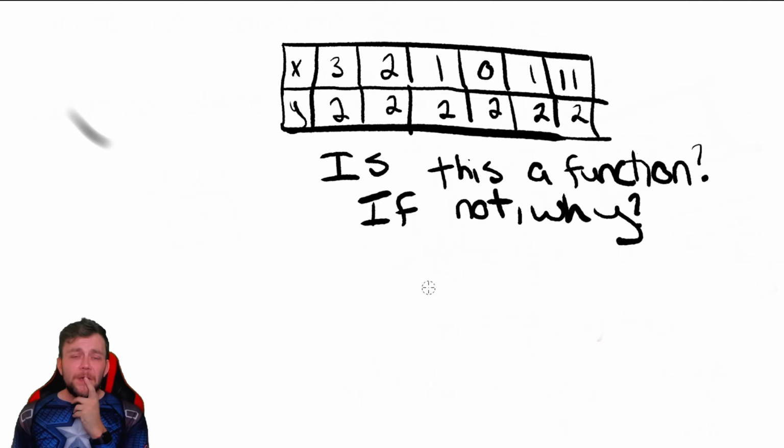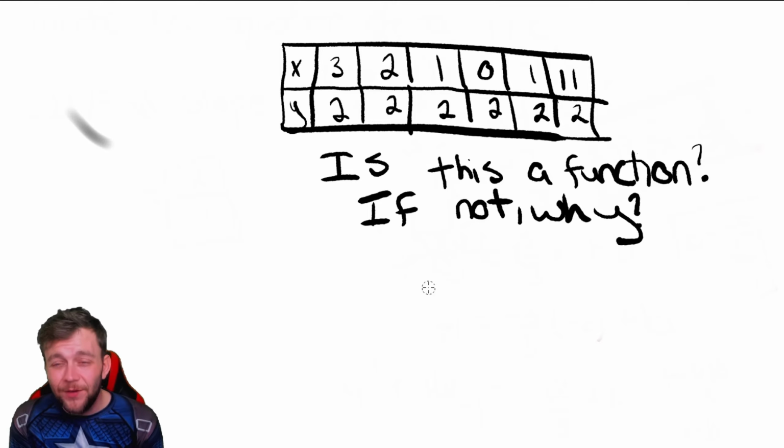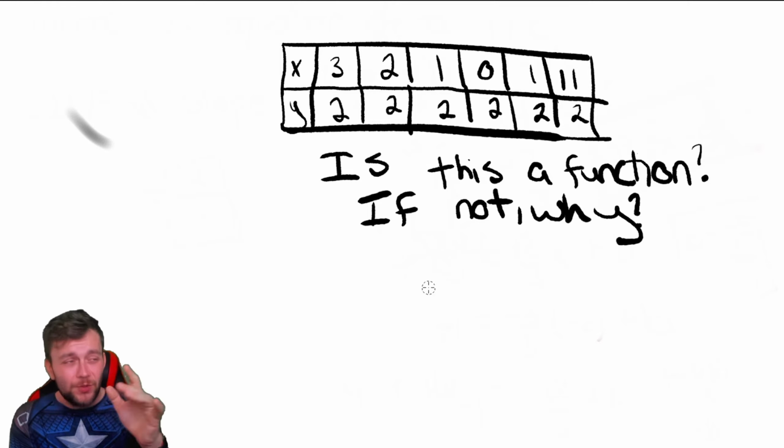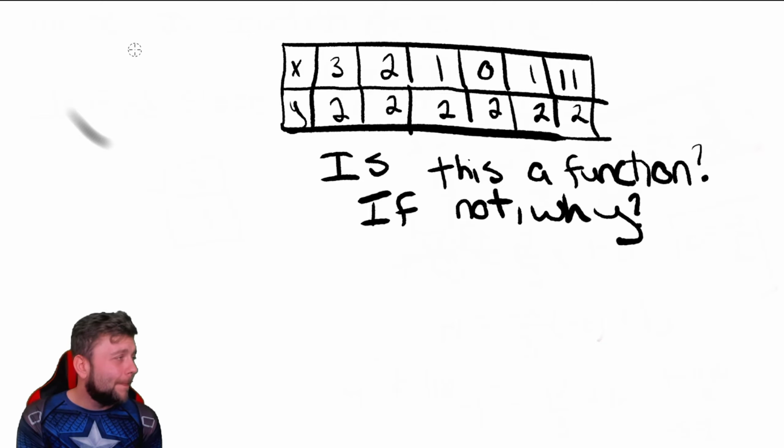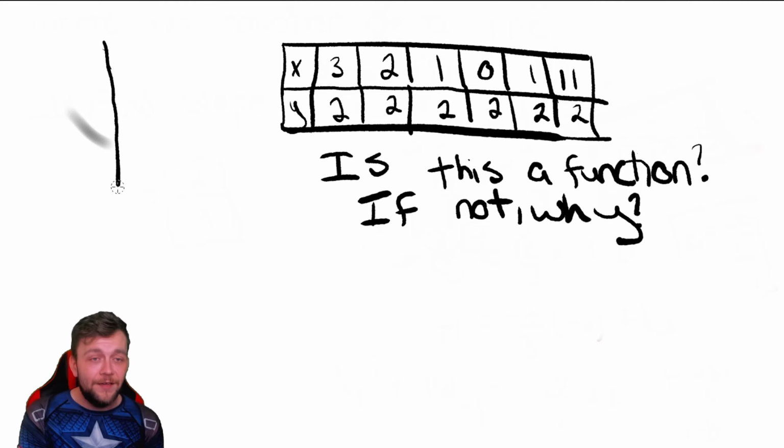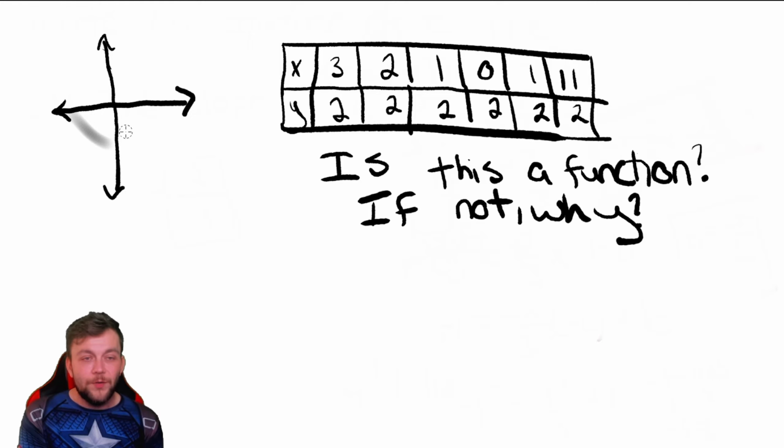Okay. So what this might look like, if you have something where your Y values are all the same, right? I'll do a very rough graph up above my head. So here's our Y-axis, and our X-axis.